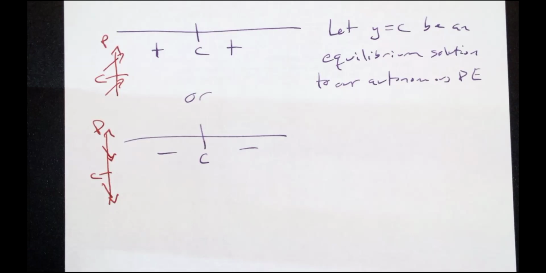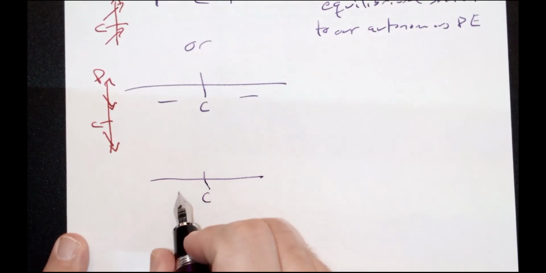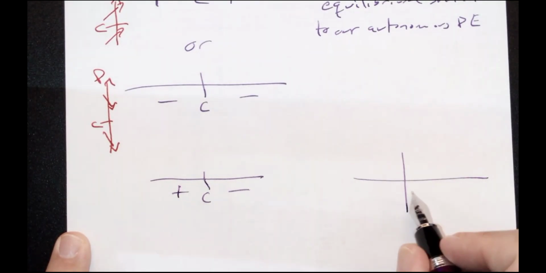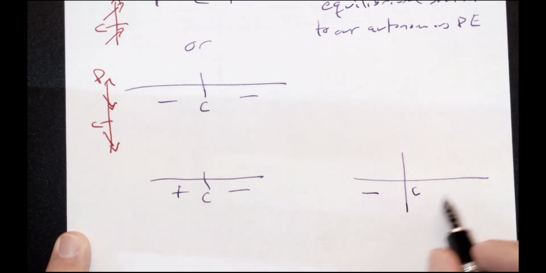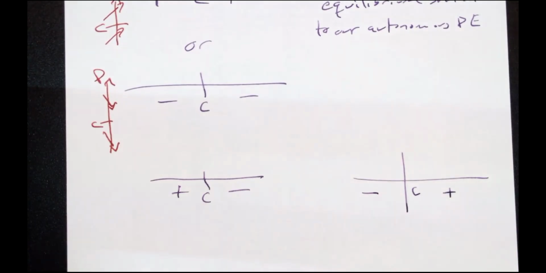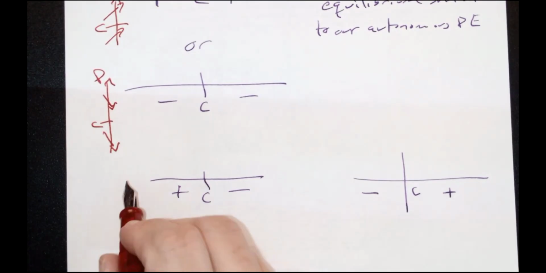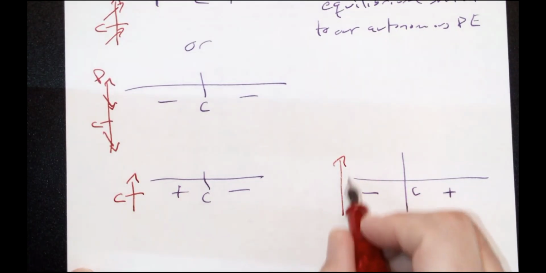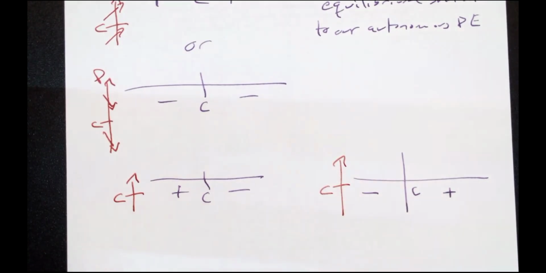My other 2 options are where they're different on either side. Let's draw them vertically again. In the one on the left, what do my arrows look like?